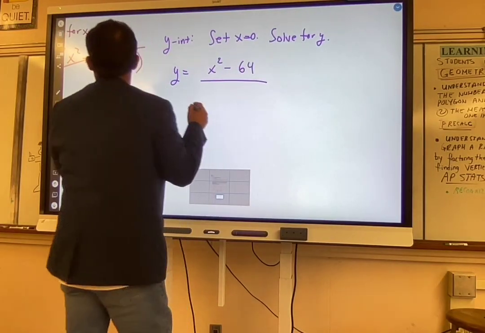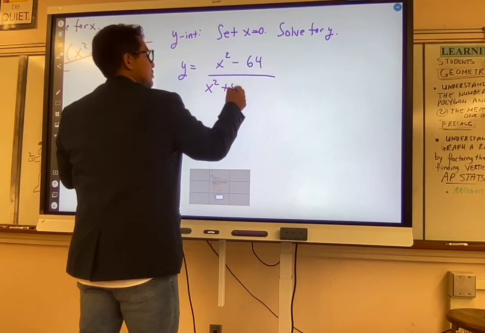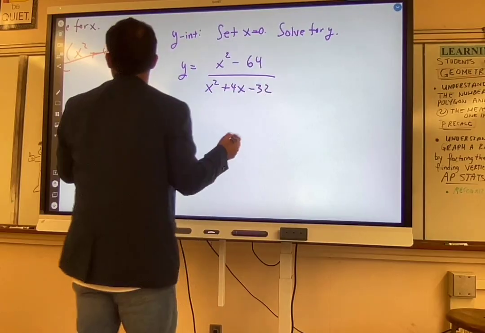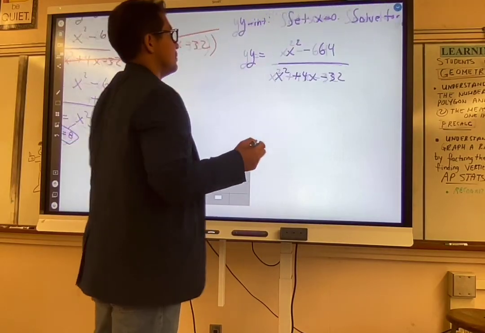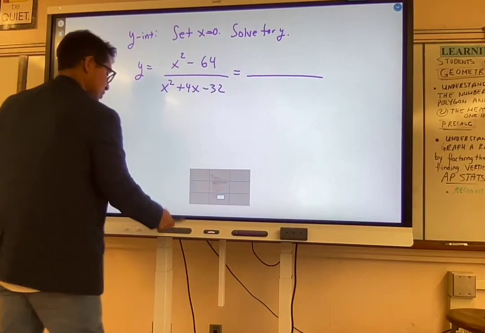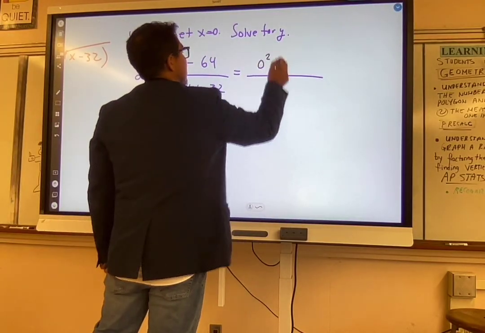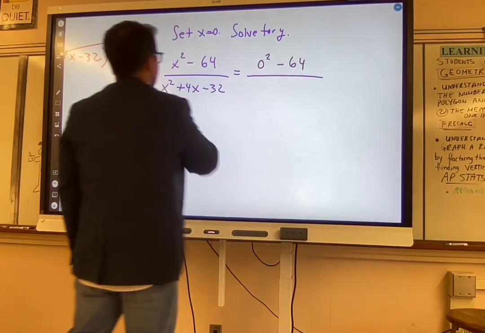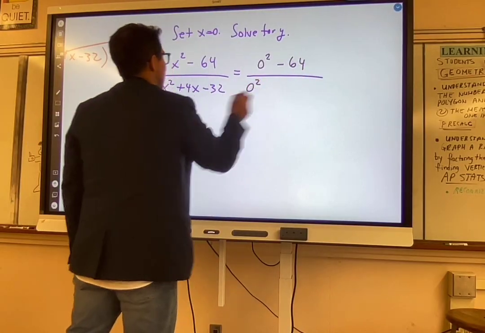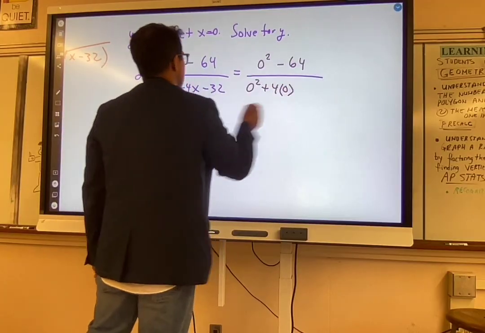And on the bottom, x squared plus 4x minus 32, right? Okay, so what I'm saying here is I'm going to replace all the x's with zeros. So instead of x squared, it's 0 squared minus 64. Instead of x squared, it's 0 squared plus 4 times 0 minus 32.